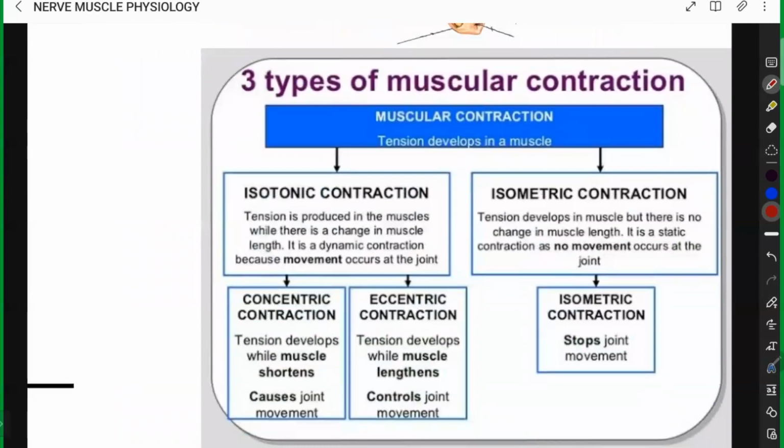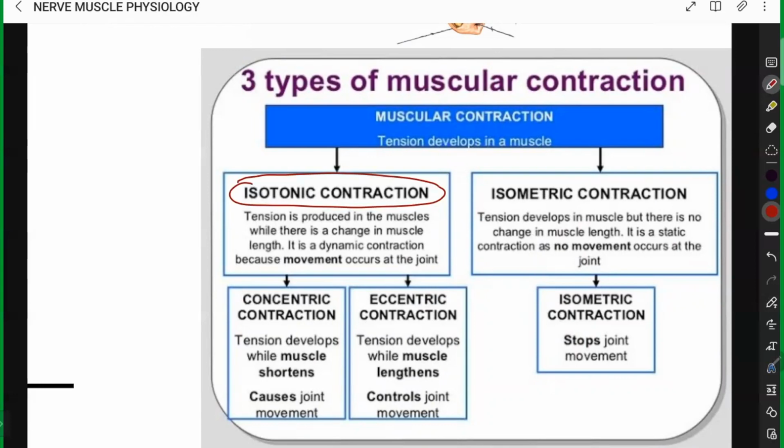I'll discuss now. What is the meaning of isotonic? Tension is produced in the muscle while there is a change in the muscle length. It is a dynamic contraction because movement occurs. That is why it is called isotonic: the tone remains the same, whereas the length changes.